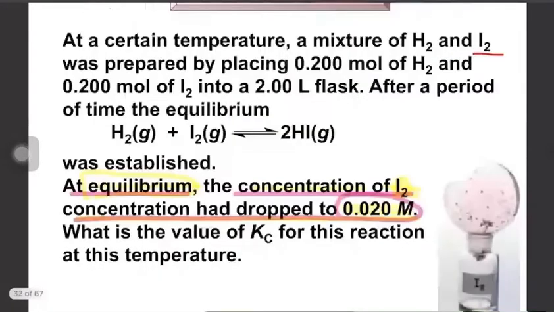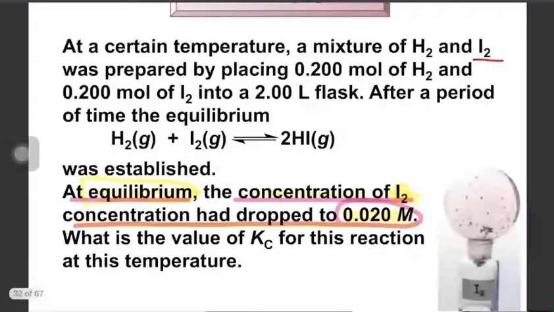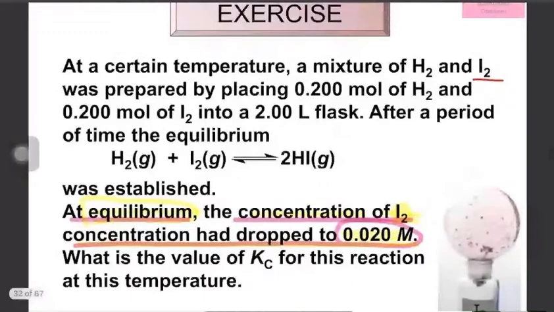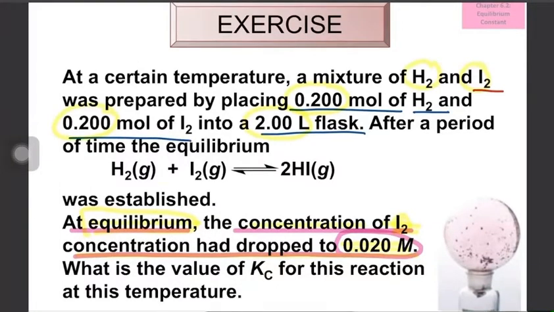Now let's look at this exercise. Let's go through this exercise. It says: at a certain temperature, a mixture of hydrogen and I2 was prepared by placing 0.2 mole of hydrogen and 0.2 mole of iodine in a 2-liter flask. After a period of time, equilibrium was established.